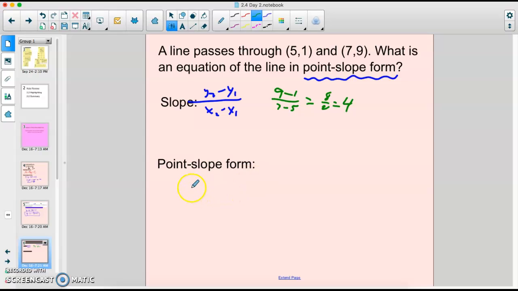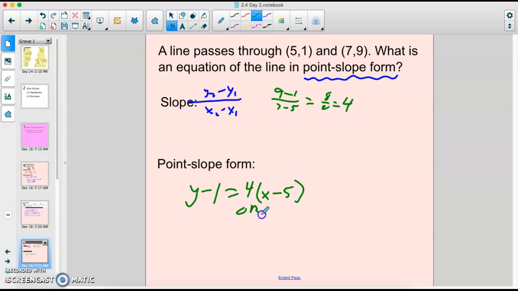So we put it in here, y minus y1. Now, which point do we use? Well, the truth of the matter is it doesn't matter. You can do either one. So for the first time, let's do the first point here. So our y is 1, our slope is 4, x minus 5.